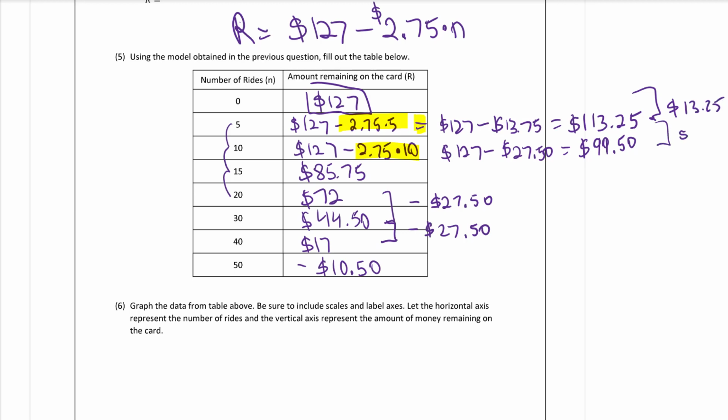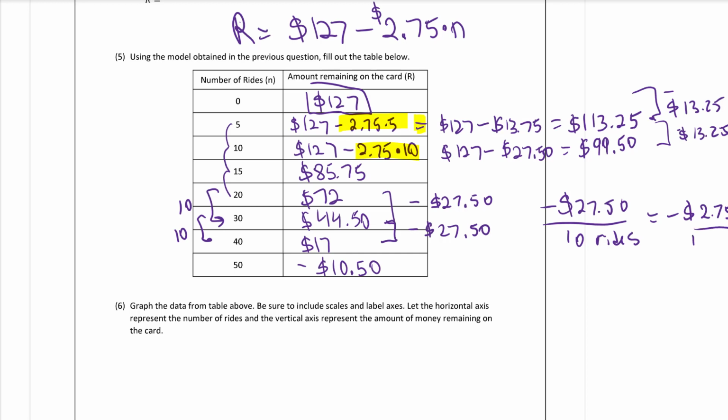This one is $13.75. You might say, so where's the constant rate of change? Well, the rides that we're making are different here. So here, for every 10 rides, the decrease is $27.50. But look, $27.50 decrease for every 10 rides still gives you $2.75 per ride. So it's not going to violate the property that each ride costs $2.75.